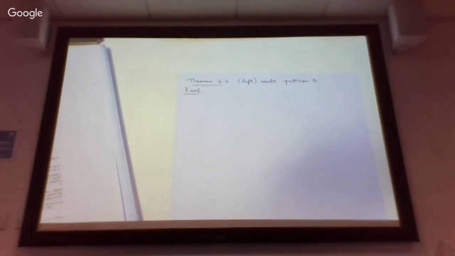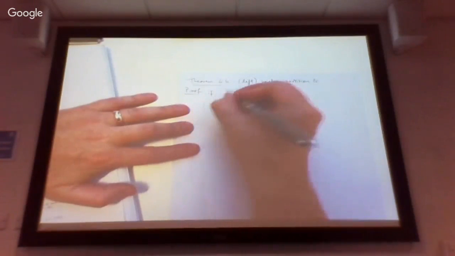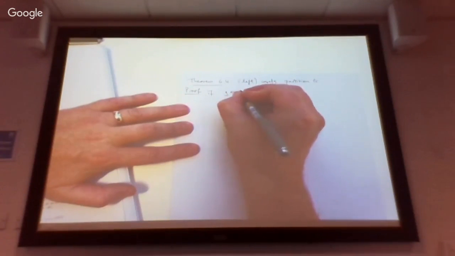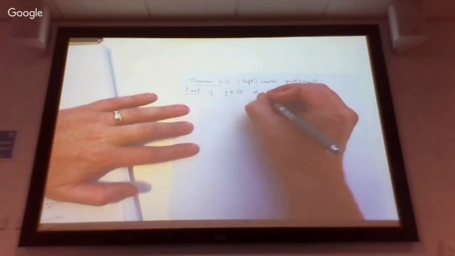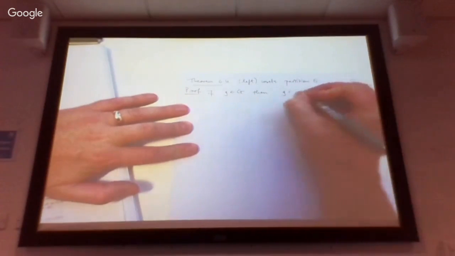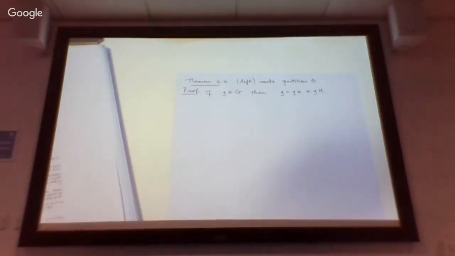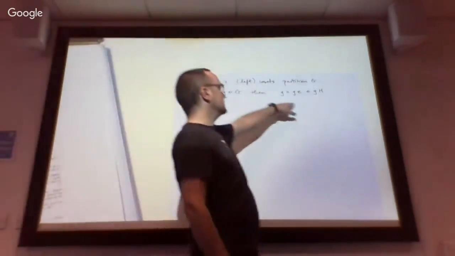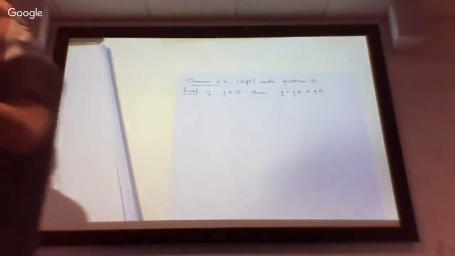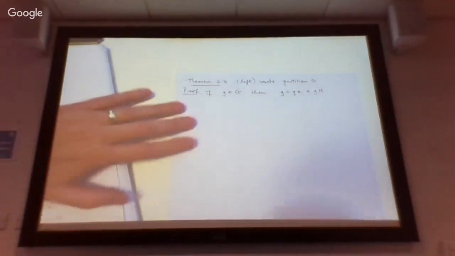Okay. So first of all, if little g is an element of G, then, as we've said before, you can write that g is contained in the left coset corresponding to itself. Okay.